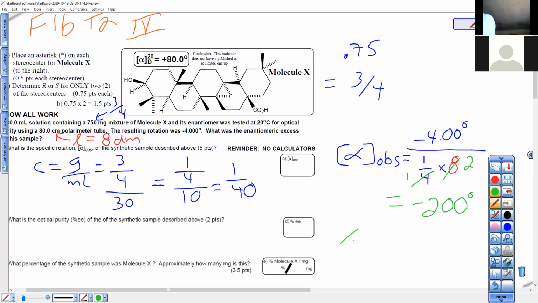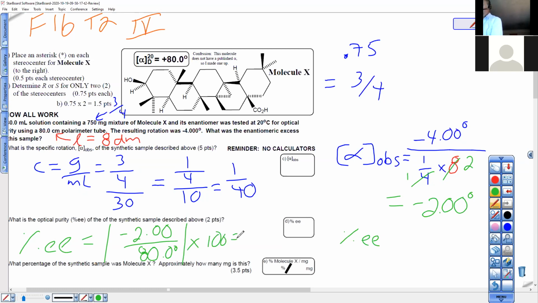Percent EE. We can do it over here. Absolute value of negative 2.00 over 80. I don't know if my intention was to have that so small. Well, that's going to be the same as 1 over 40 times 100. 2.5%. Still having trouble with that? 100 over 40.